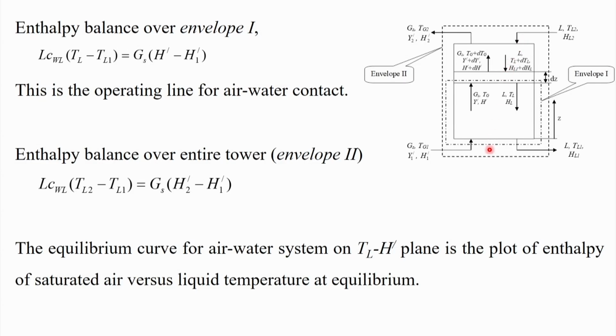The equilibrium curve for the air water system on the T L H prime plane is the plot of the enthalpy of the saturated air versus the liquid temperature at equilibrium.